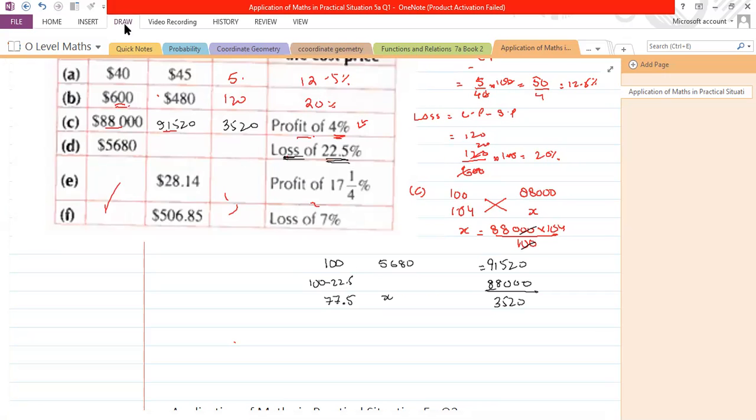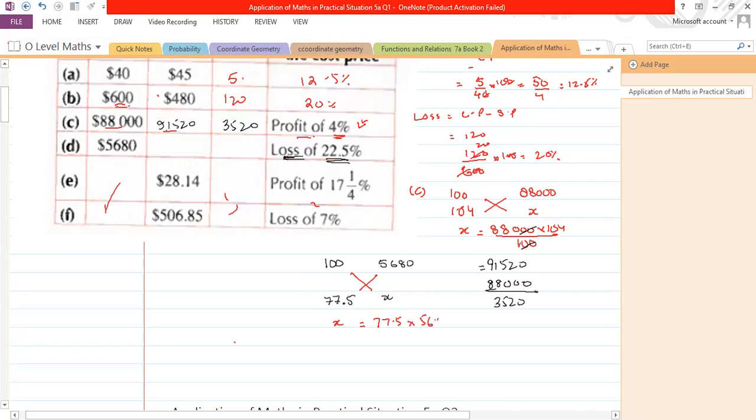So you are simply going to repeat the same method, that 100% was this. For ease, I just removed this part. This is for understanding, and we are going to follow the same thing. We'll multiply it like this. So x is equal to 77.5 multiplied by 5,680 over 100.